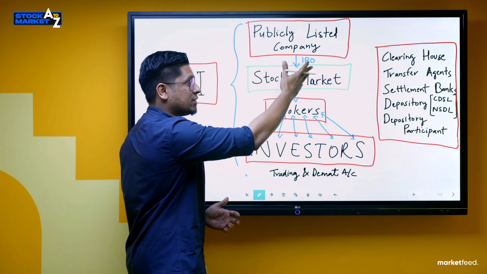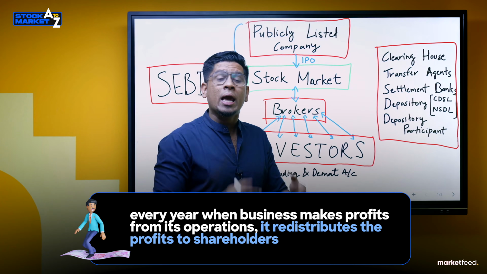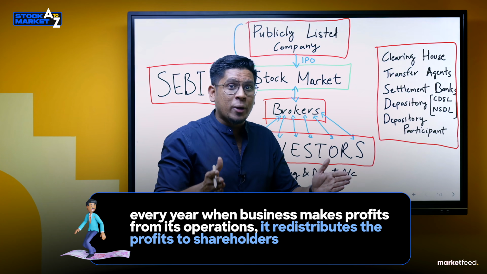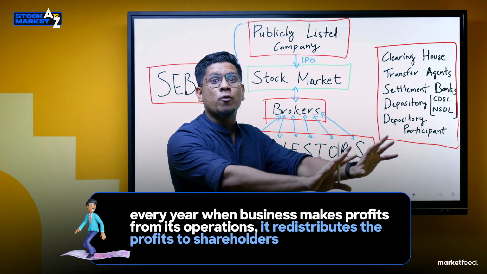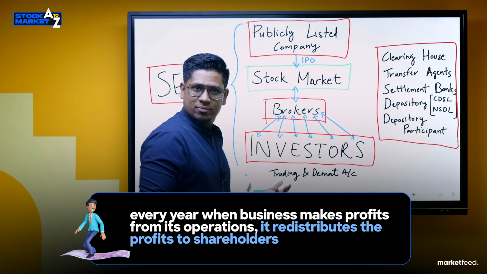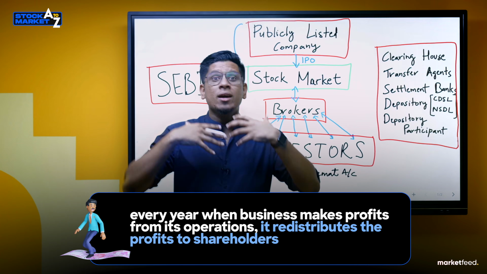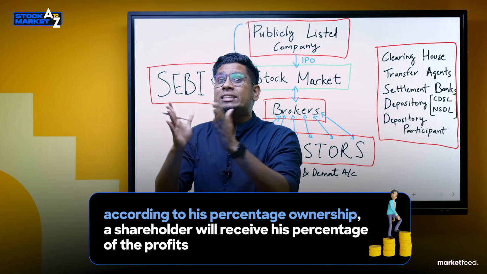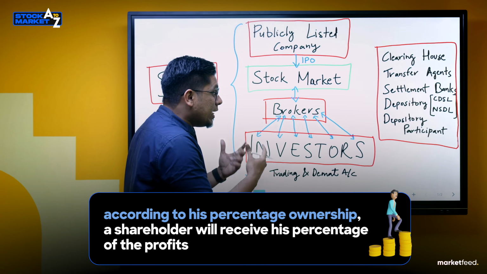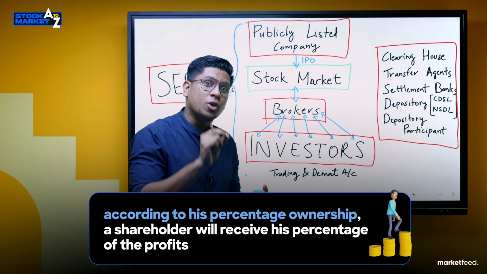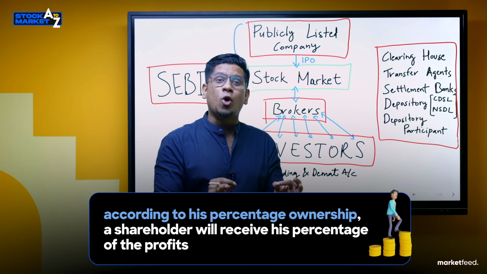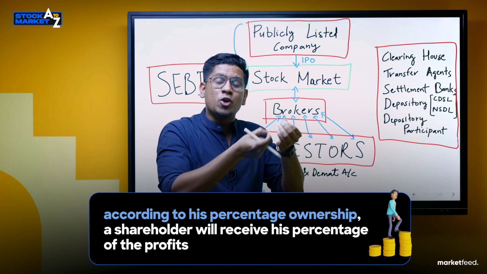On a yearly basis, when Jignesh Bhai Supermarket makes profits from its operations, it redistributes the profits to its shareholders. Correct? It only makes sense, right? A company distributing its profits back to its shareholders. So an investor, depending on how much of the shares he is holding, according to his percentage ownership, will receive a percentage of the profits.